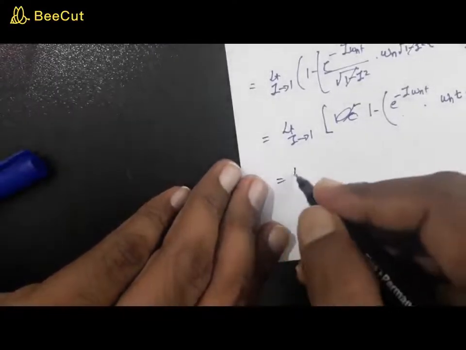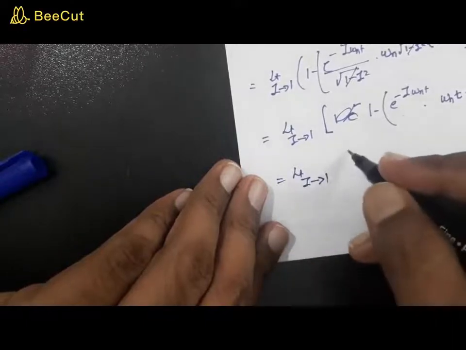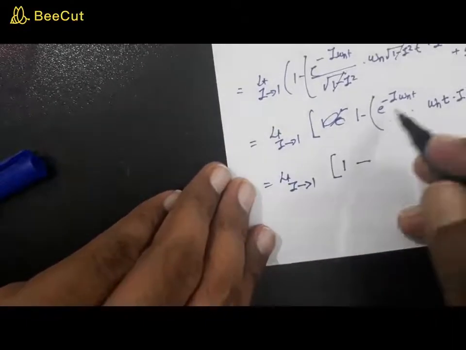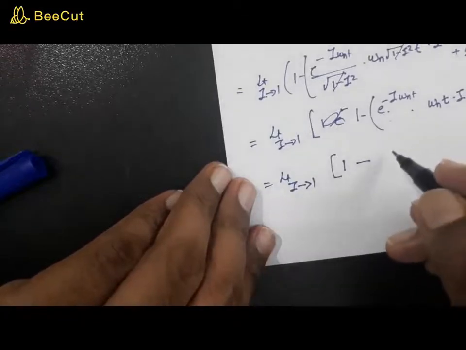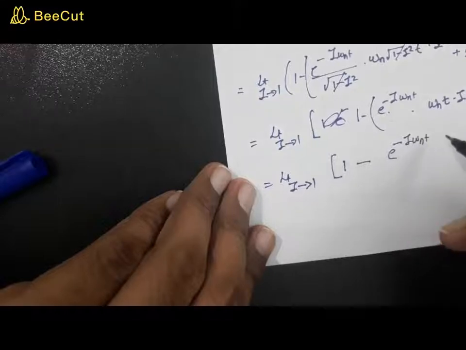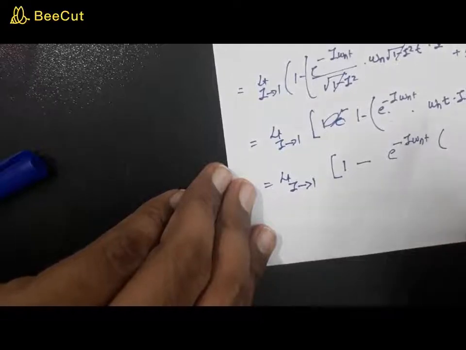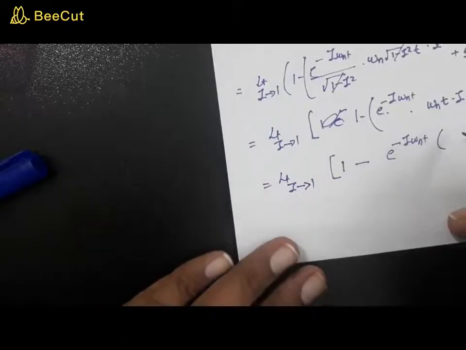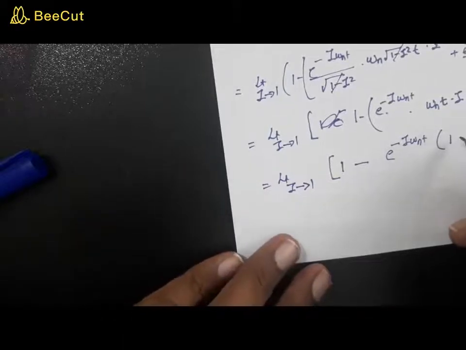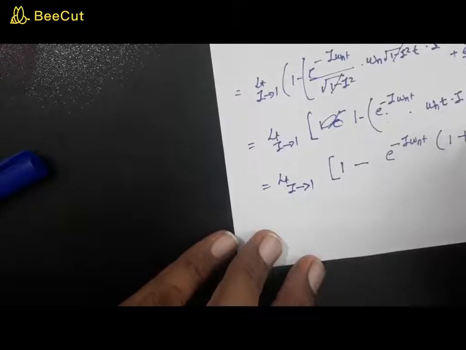Now you can write this as limit theta tends to 1 of 1 minus, you have an exponential term here, so you can write e raised to minus theta omega n t as a common factor, and then that is 1 plus theta omega n into t.